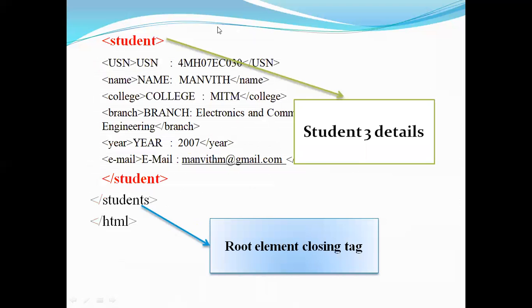Likewise for the third student details, USN, name, college, branch, year, as well as the email ID. Close that inside tag, then close the root element with a closing tag, and at the end close this HTML tag. This is about the XML document. Don't get confused, guys. The student tag is called the child of the root node students. This is about the XML document.